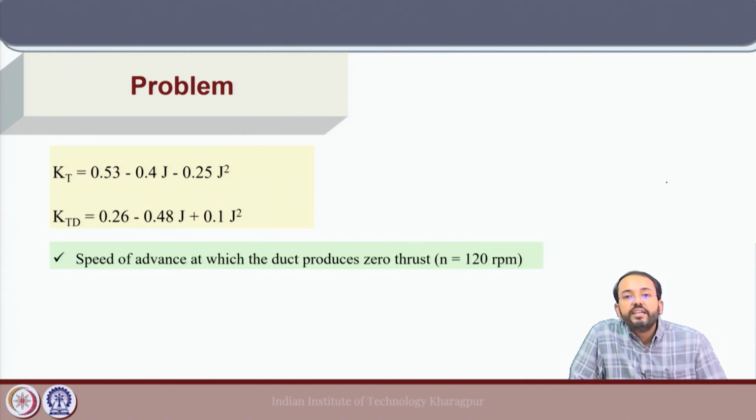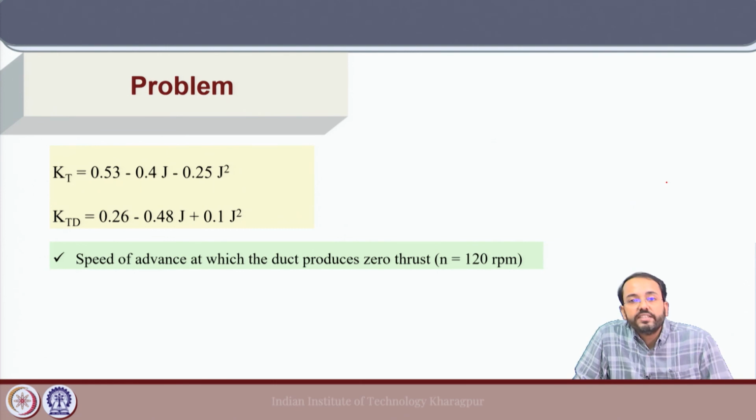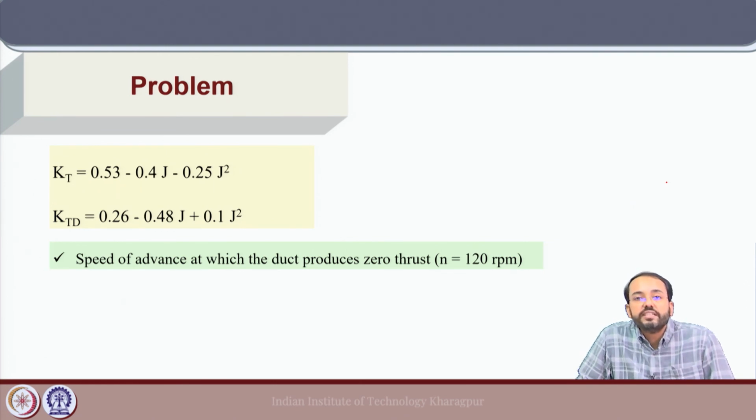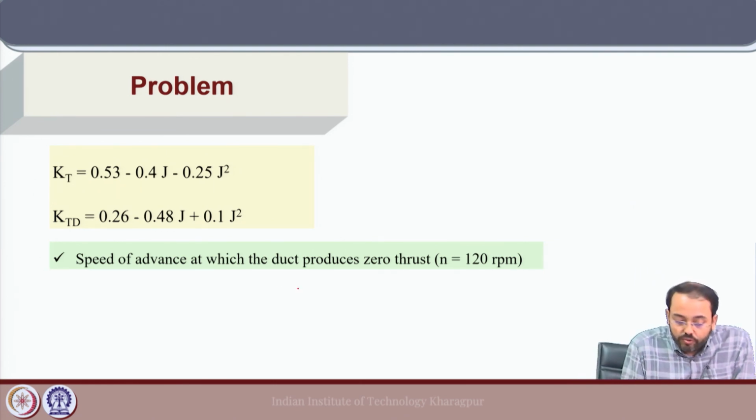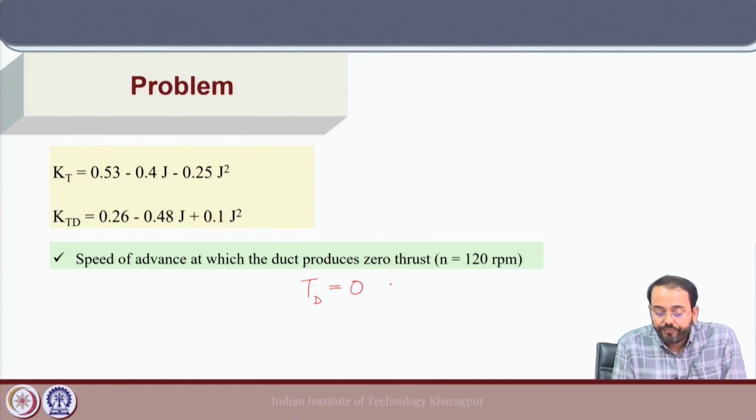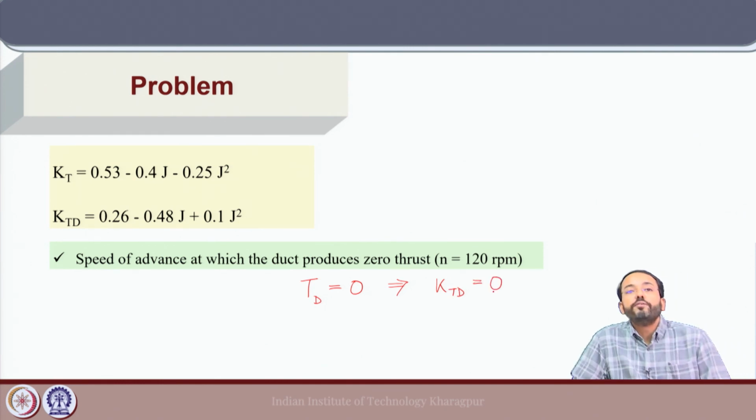The next part is to calculate the speed of advance at which the duct produces 0 thrust. So, for thrust from the duct equals 0, in this condition Ktd should also be equal to 0.